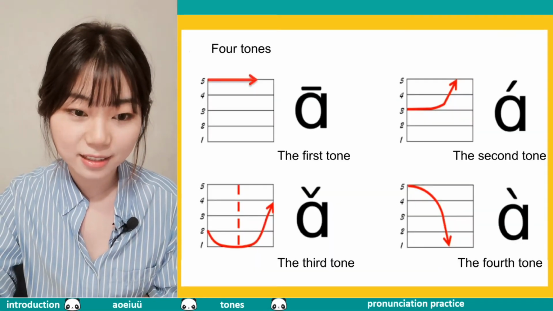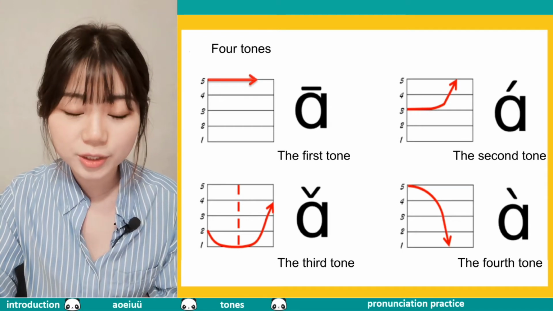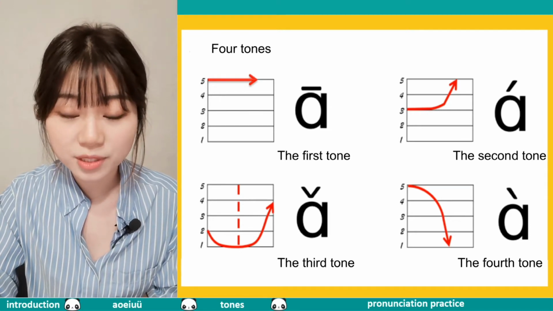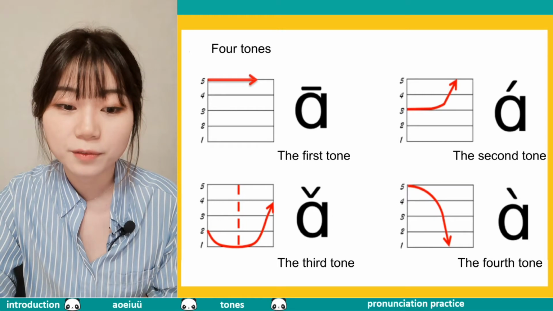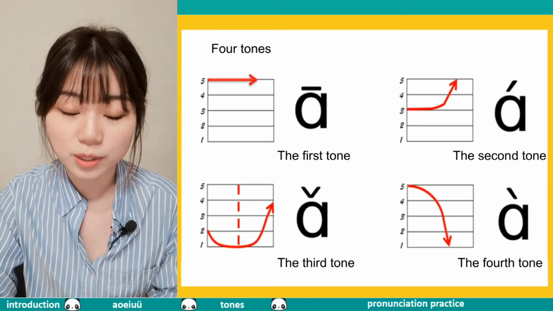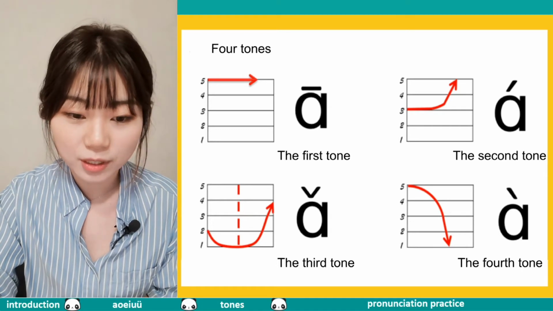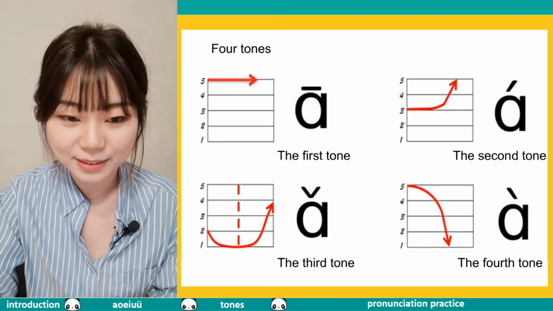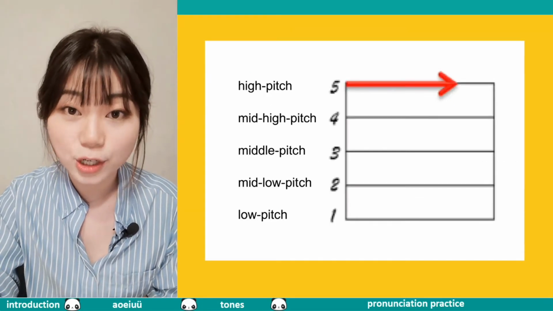Okay, next, 4 tones. A tone is a mark on the finals to represent the rise and fall of your voice when you pronounce a syllable. There are 4 tones and 1 neutral tone in Chinese. We're going to learn 4 tones in this class. Okay, let's see this chart.